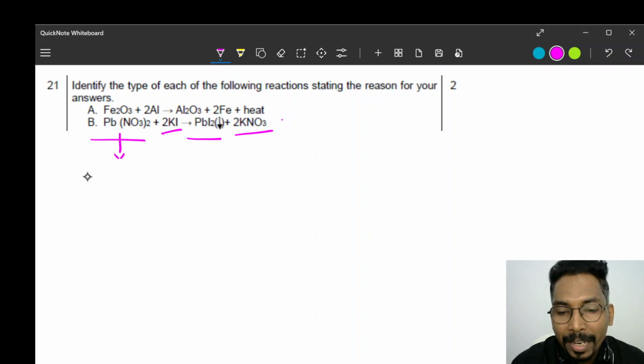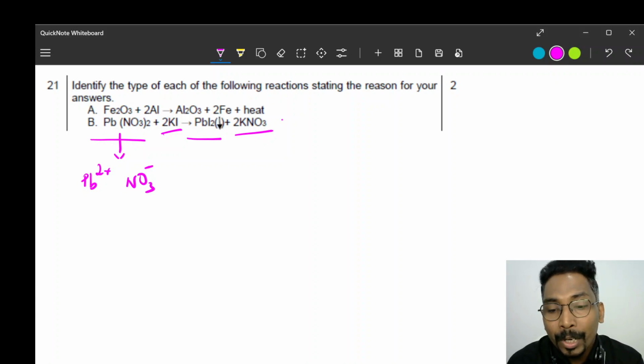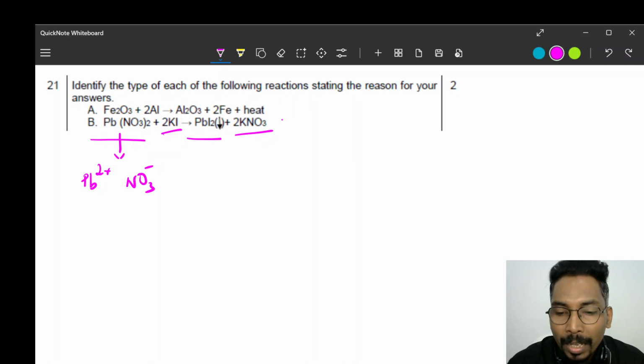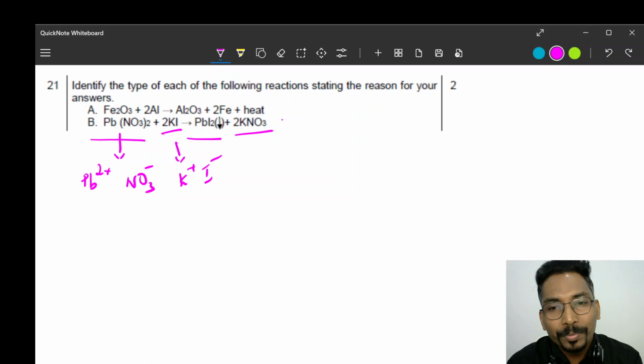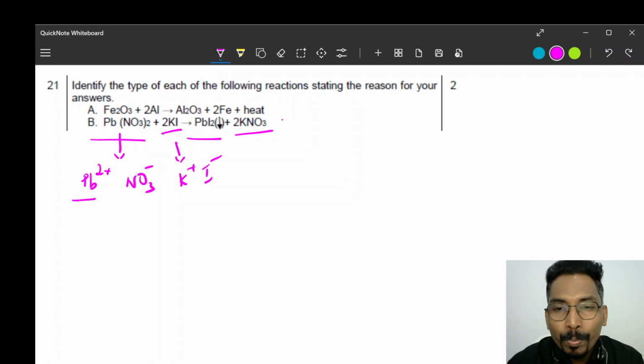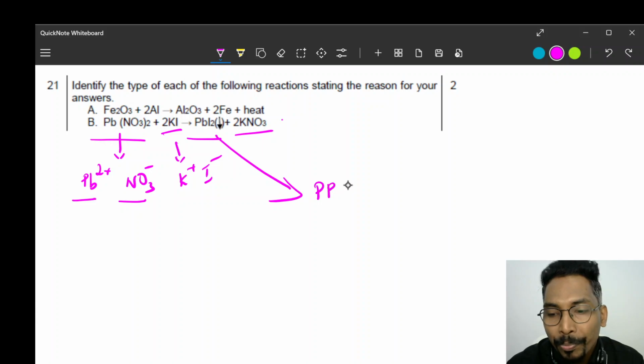In the first case, there are Pb2+ ions and NO3- ions, lead ion and nitrate ion, and in the second, K+ ion and I- ion. You can see that when it comes to the product side, these ions are getting exchanged. Pb2+ ion was with the nitrate ion in the first case, but in the product it is PbI2, that is Pb2+ ion and I- ion.